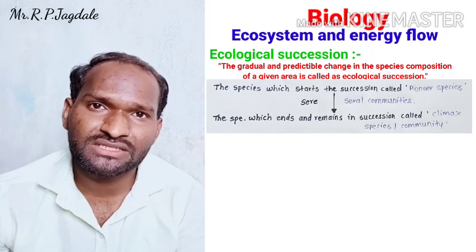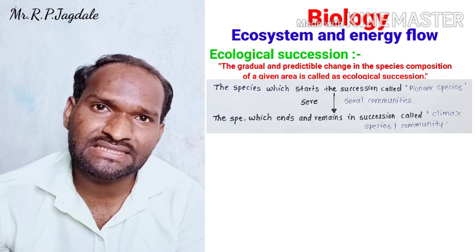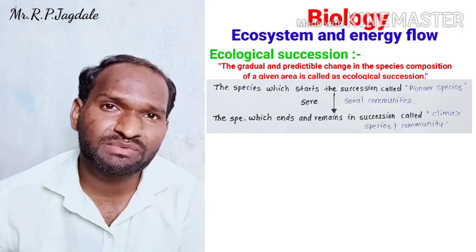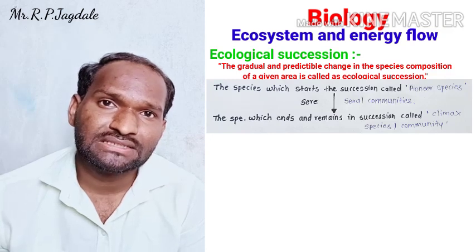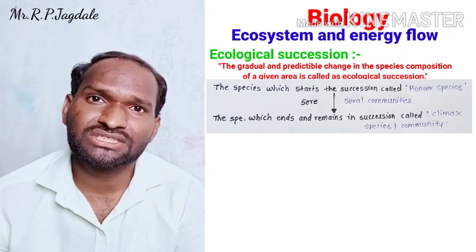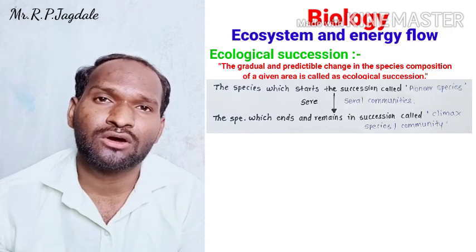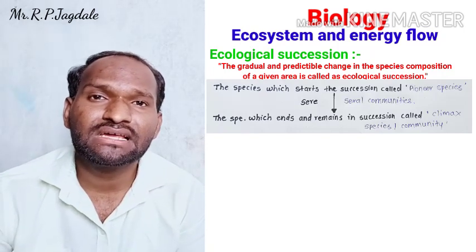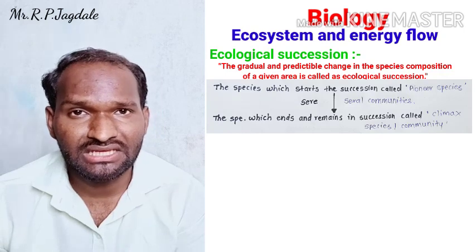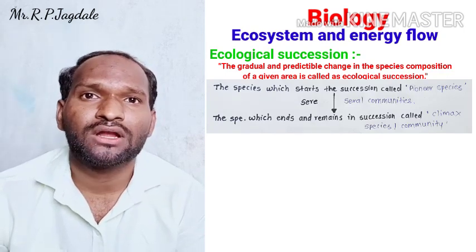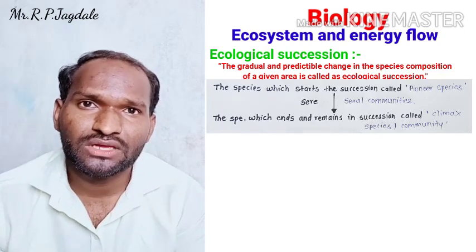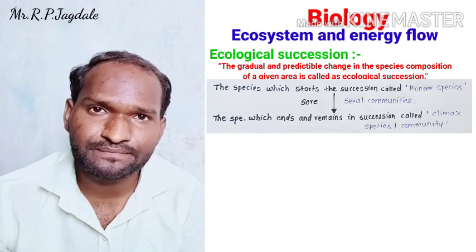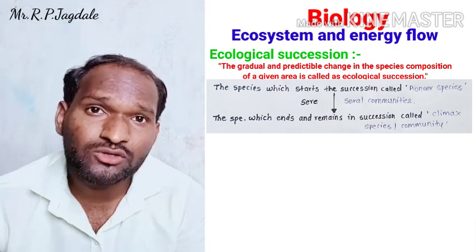After the pioneer species, one species evolves, then there are some ecological changes, then another species evolves. Such communities or steps in between are called seral communities, and each single species is called a sere, or sera.